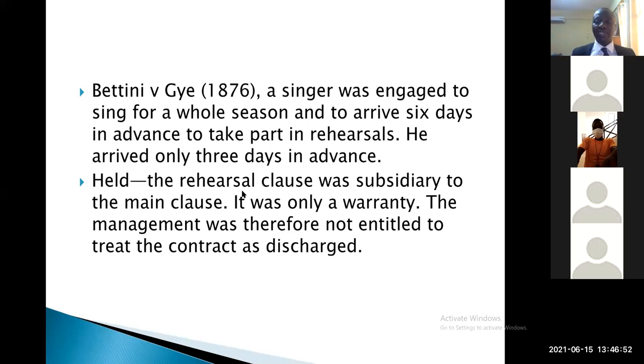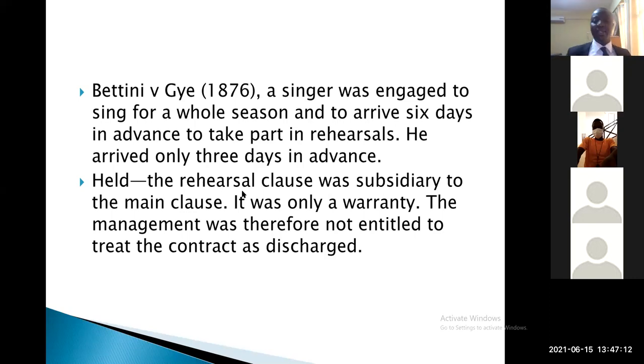So eventually, when the matter came to court, the question which had to be resolved was whether the clause in the contract that he arrives 6 days in advance to partake in the rehearsal is a term of major importance or not.